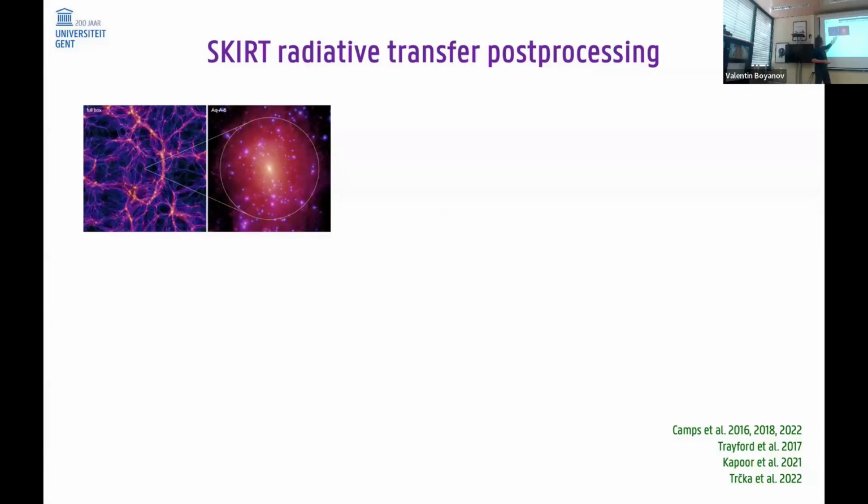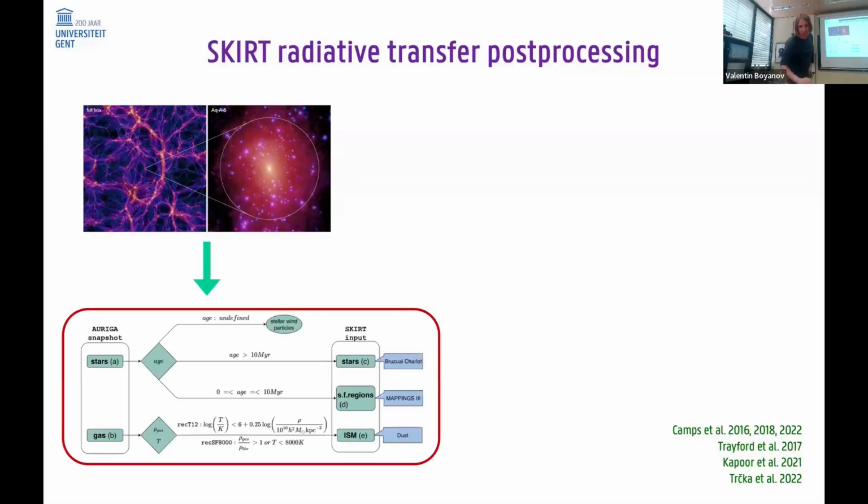Typically, one of these galaxies is 10 million star particles and 1 million dust cells, something like that. We take all of these particles and cells and convert them and assign spectral energy distributions to them and turn it into input for SKIRT.